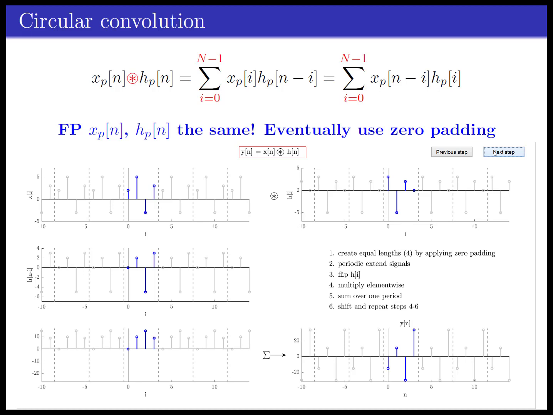The resulting output signal y contains the circular convolution result. As denoted in gray, it's obvious that signal y can also be represented in the periodic extended way.